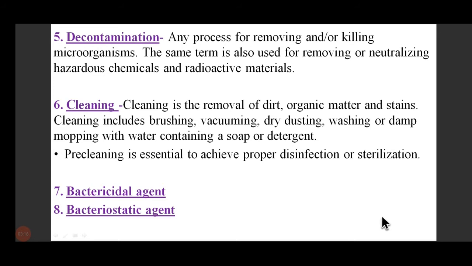Pre-cleaning is essential to achieve proper disinfection or sterilization, because if you are not mechanically removing the waste, you are not able to properly decontaminate or disinfect the particular substance. So first you go about cleaning and then you go about disinfecting or sterilizing the particular thing which you are using. Next, we have bactericidal and bacteriostatic agents, which will be discussed further in detail in the coming slides.